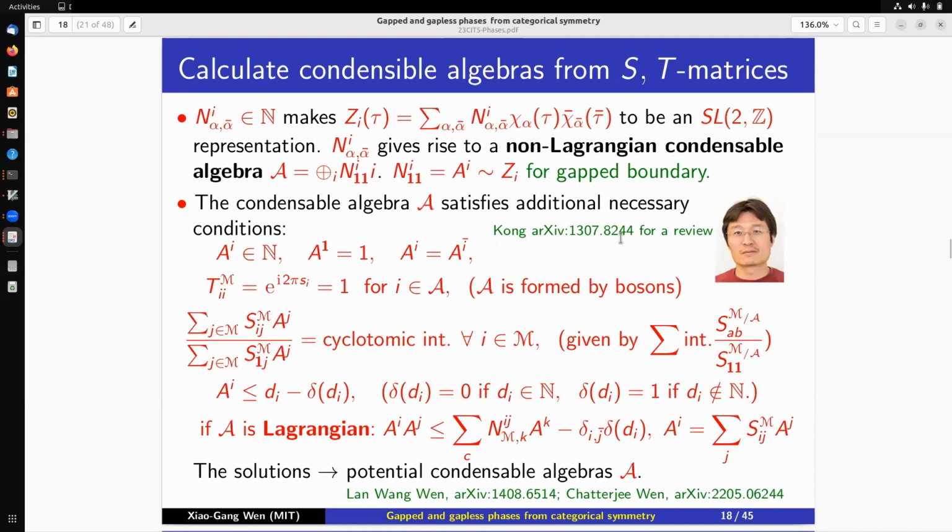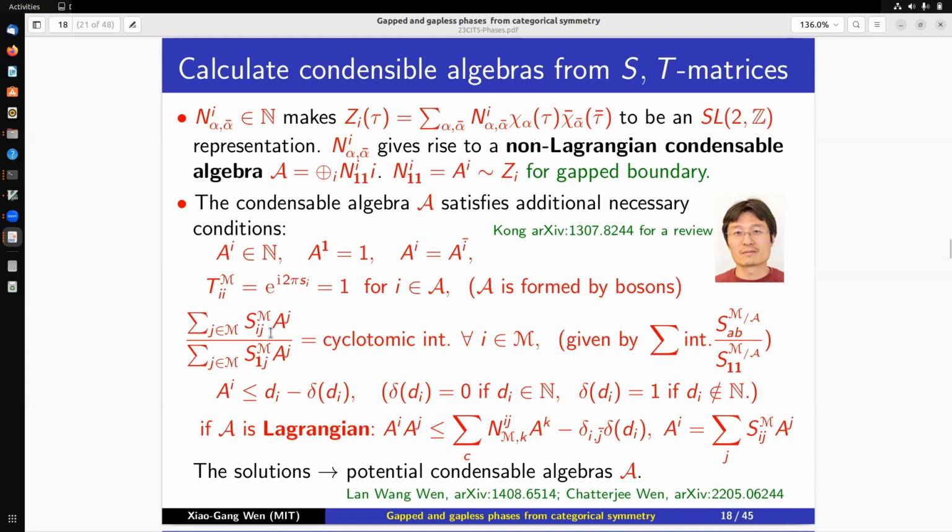And so in this paper, there's a review that tries to discuss condensable algebra in general, not necessarily the maximum one. Then the statement is, first, if A_i is non-zero, if some anion belongs to the condensable algebra, it must be a boson. So this condition is still there.